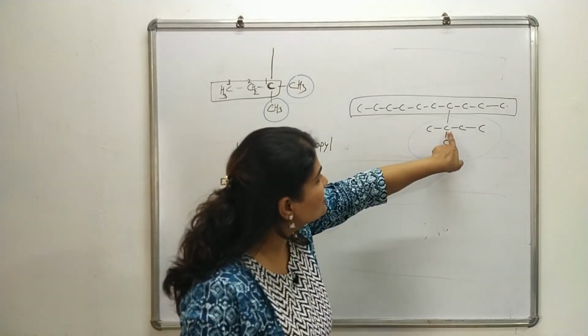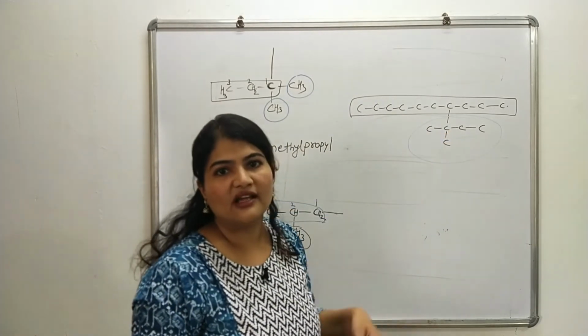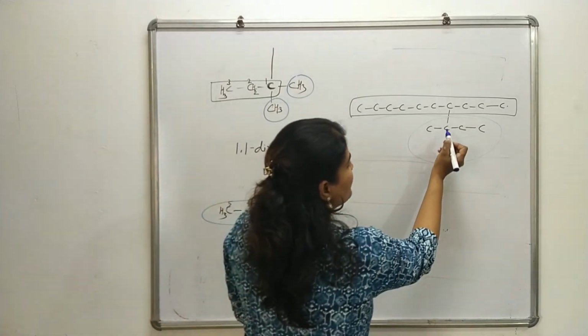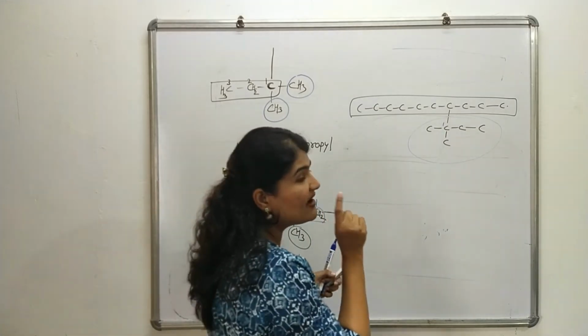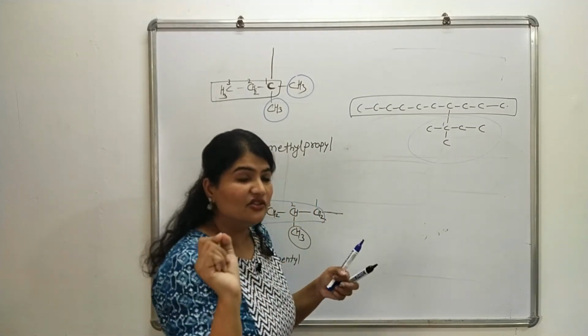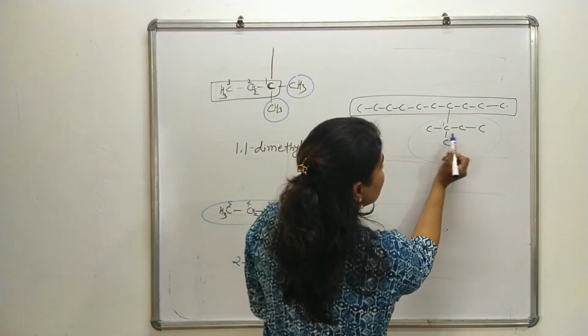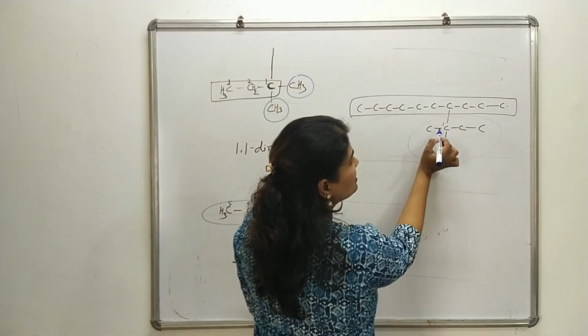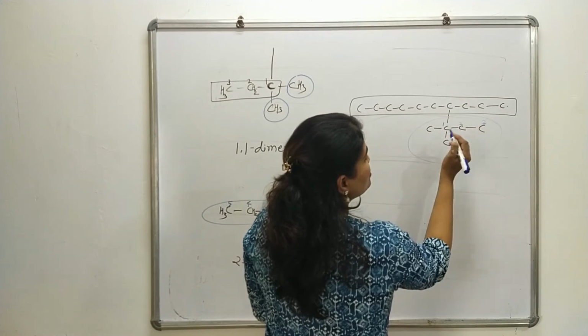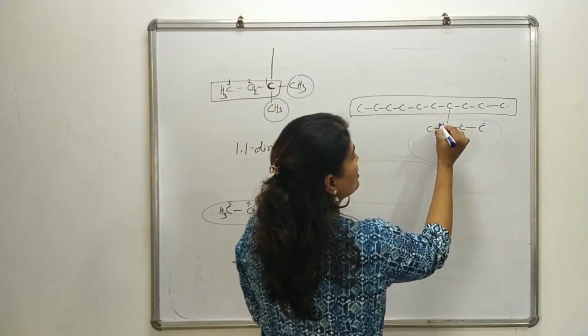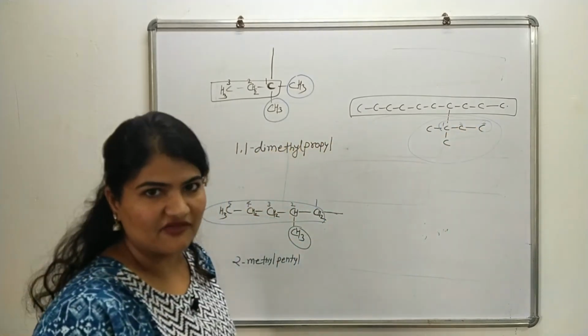So obviously this carbon is going to be your main carbon of interest. So this carbon I will number as number 1. Now starting from that carbon, I have to find out the longest continuous chain. So in this case, we cannot come here, we have to go there, 1, 2 and 3. So this can be the longest continuous chain, a 3 carbon chain.